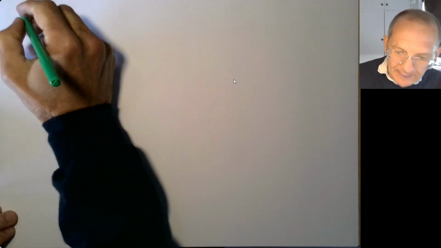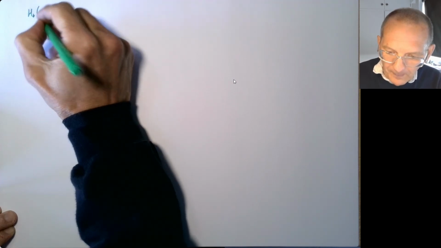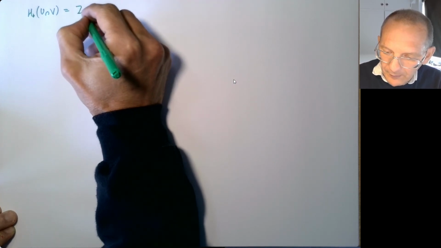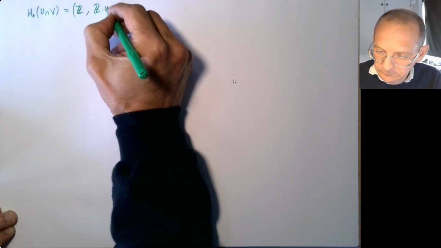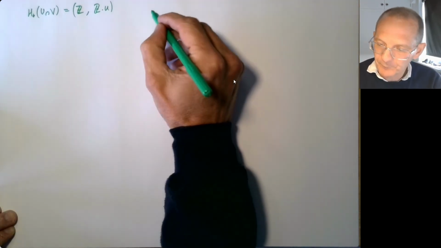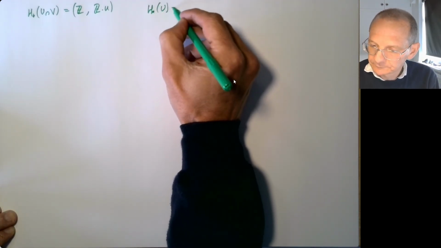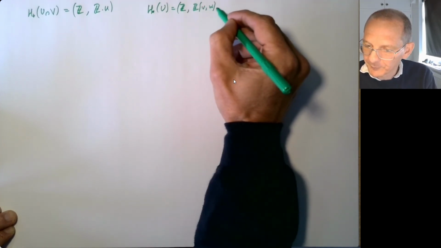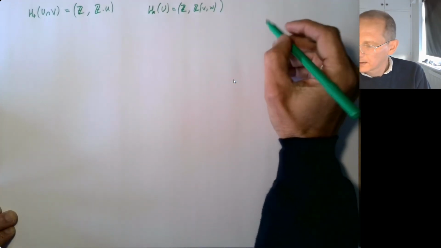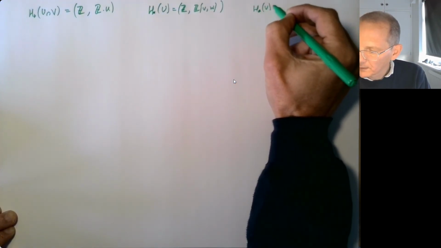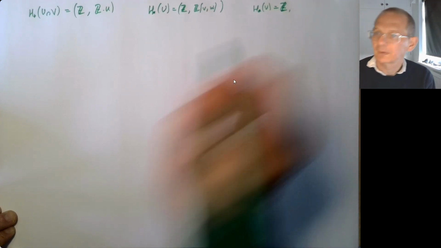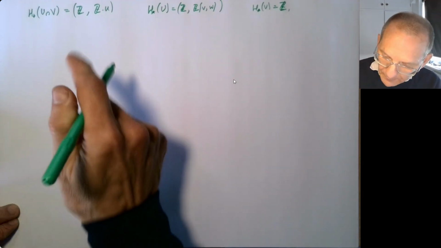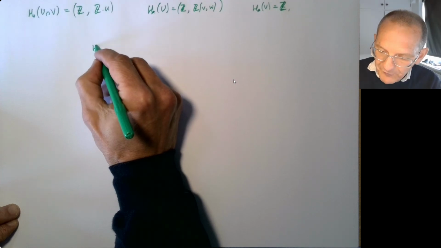So let's just record that again. We've got the homology of U intersect V is Z and Z·u. The homology of U is just Z and then the free abelian group on V and W. The homology of V, you've just got a Z in degree 0. And so now we've got a Mayer-Vietoris sequence. So let's do it, start from H3, say.